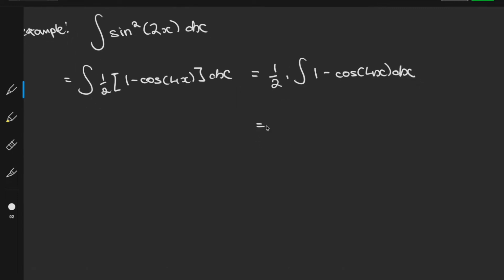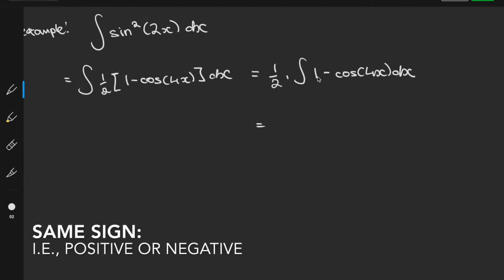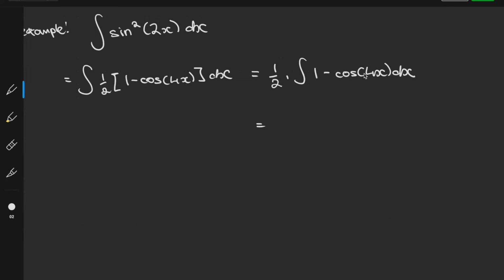And then we integrate that. The integral of 1 with respect to x is of course just x. And then with this cosine, this will anti-differentiate to the same sign, so it's going to be x minus sine of 4x, but we need to remember the formula that we need to divide by the derivative of what is on the inside.